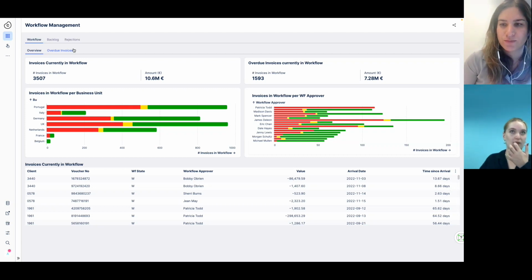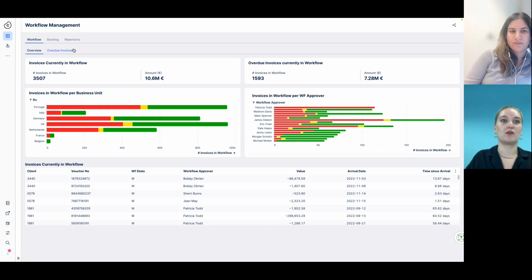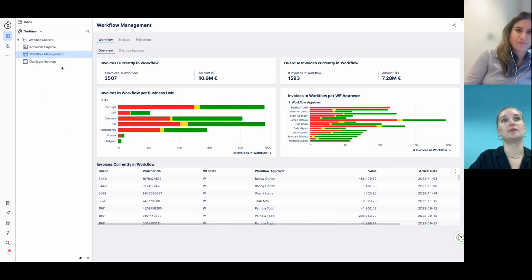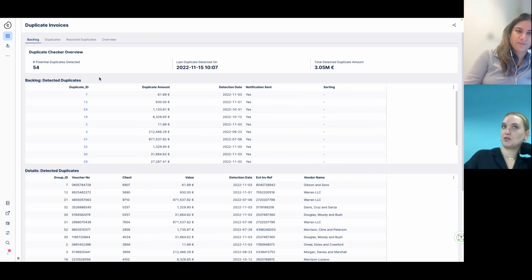But we also implemented something to detect duplicate invoices at Van Oord, so saving money too. In an organization that processes a lot of invoices every day, a lot of duplicates can slip in between, and it's important to detect those. So we started implementing a duplicate checker at Van Oord recently.